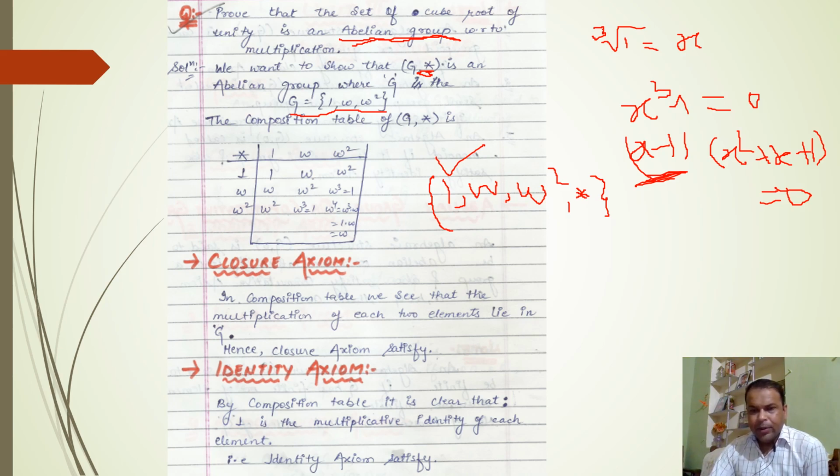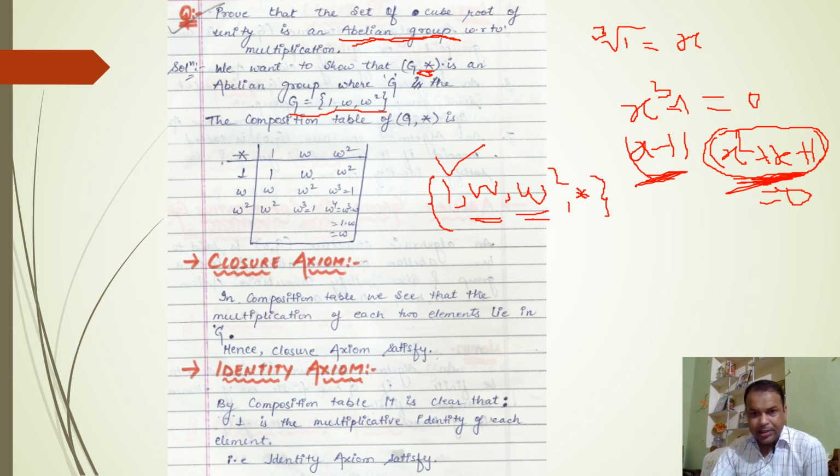Next, because this is a cubic equation, it must have 2 more roots. So we have another part to find these 2 roots. This is x square plus x plus 1, and we will find the roots by solving it using the Sridharacharya method. Here we get 2 more complex roots, and we denote them by the symbols omega and omega square. So there are 3 roots.